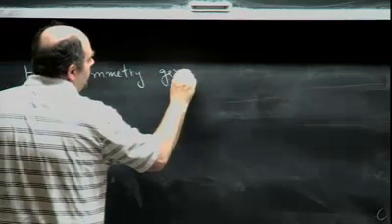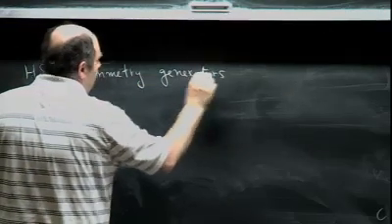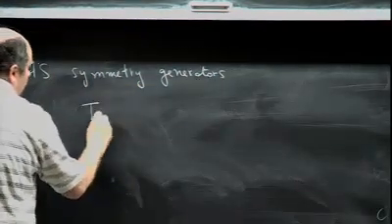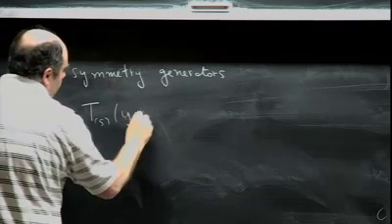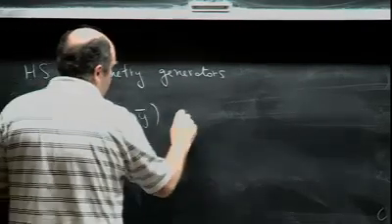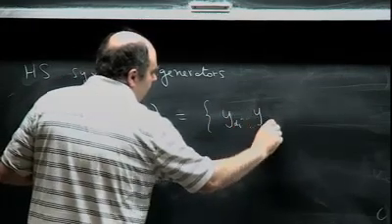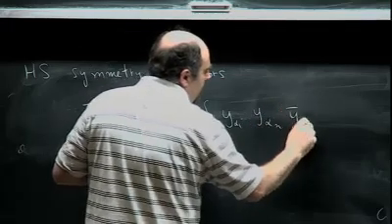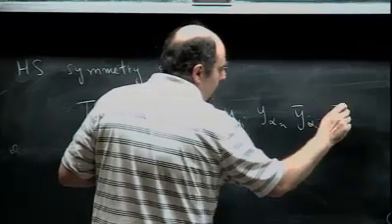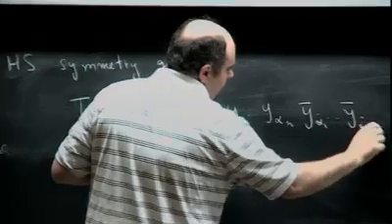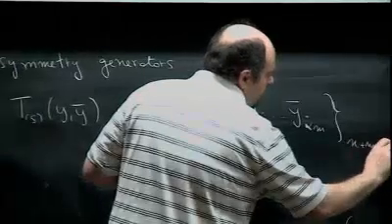So here the higher spin symmetry generators are all the monomials y^{alpha_1}...y^{alpha_n} y bar^{alpha dot_1}...y bar^{alpha dot_m} with n plus m equal to 2s minus 2.